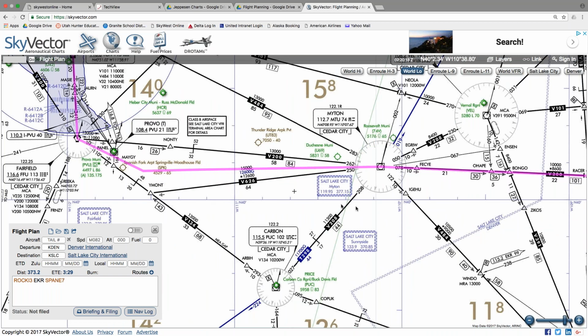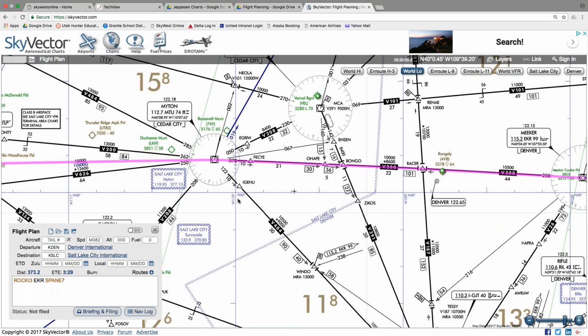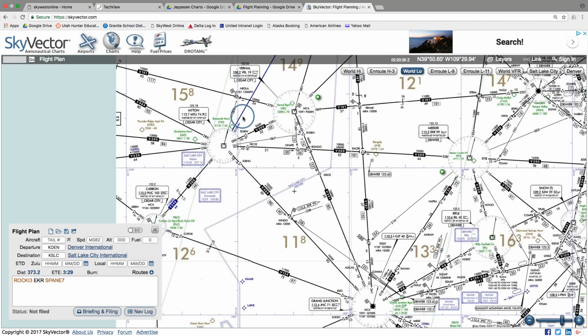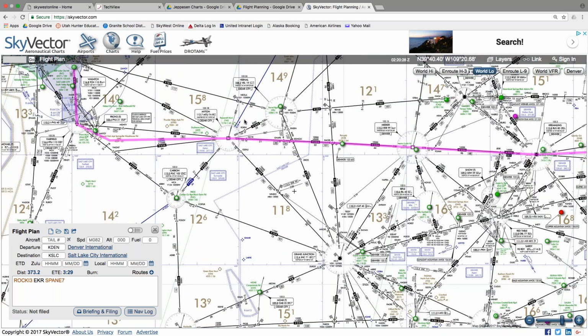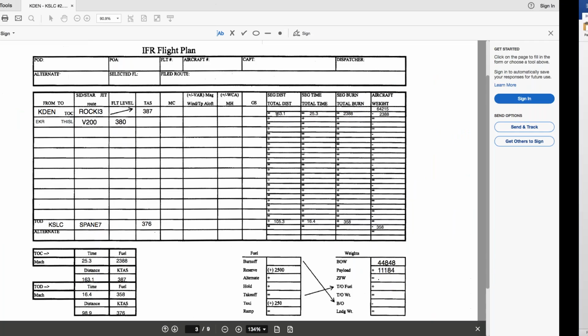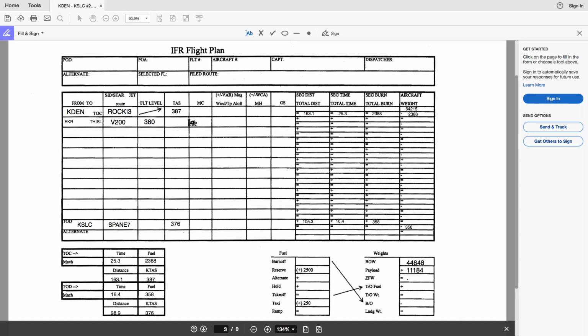But for the most part, we're going to stay on Victor 200. Okay. So we switched charts then from once we got from high to low. Yeah. Okay. So yeah, this is on the low chart because them connecting, it's so short. In that case, we're going to stay on the low chart, basically.